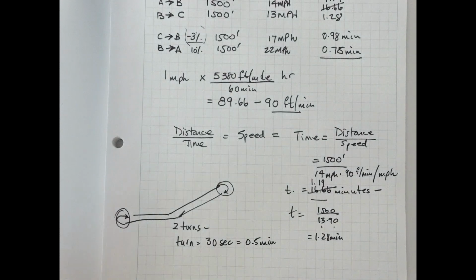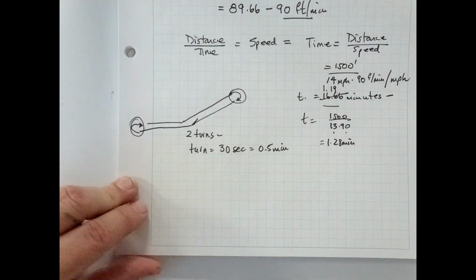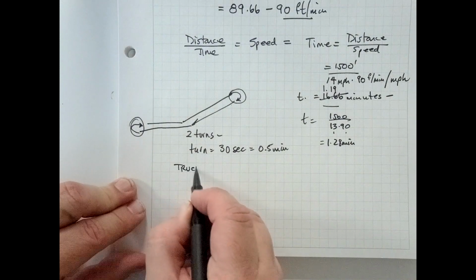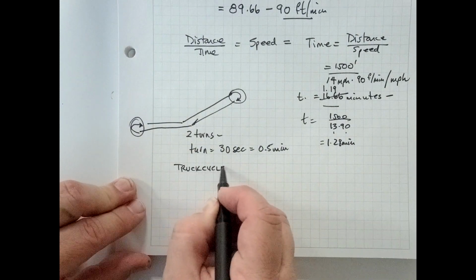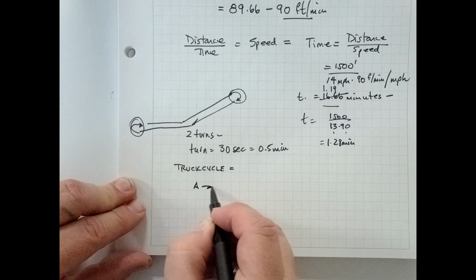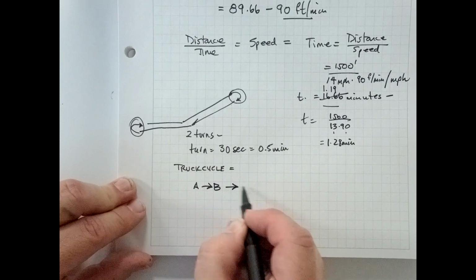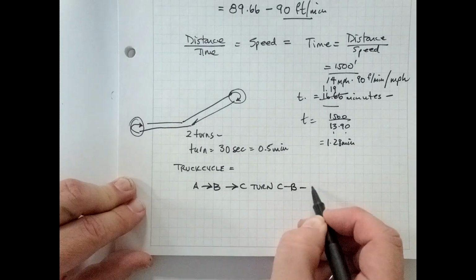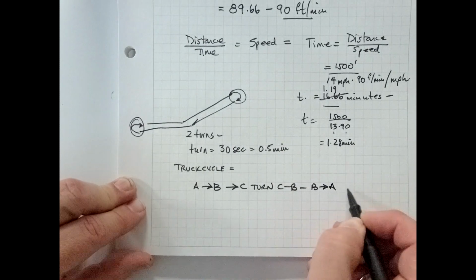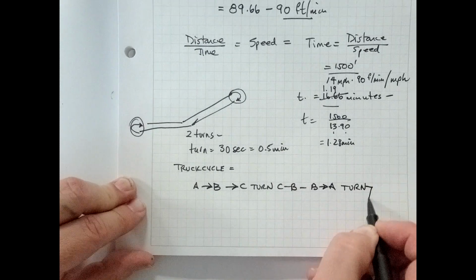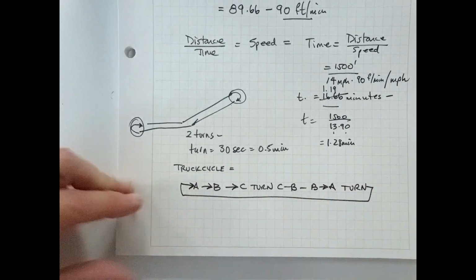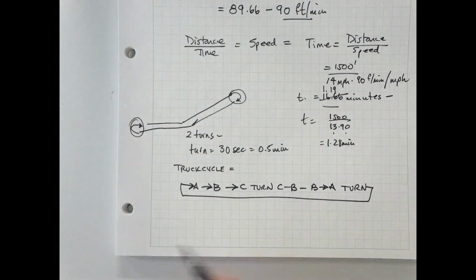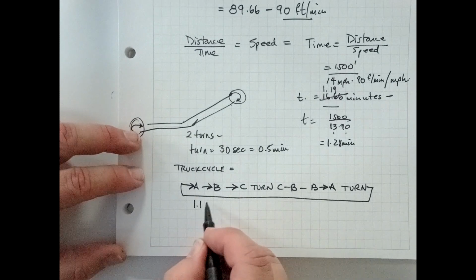And so we can now put together our truck cycle. Our truck cycle is equal to going from A to B, B to C, turn, C to B, B to A, turn, and that gets us back to the beginning. It's a cycle. We'll write the times down. This takes 1 minute and 19 seconds.